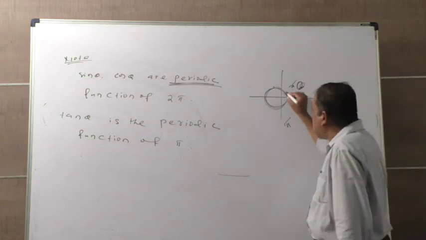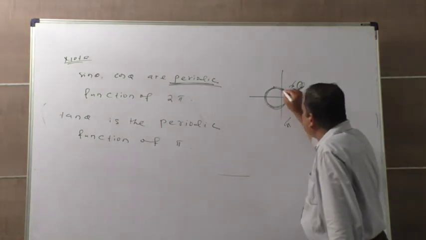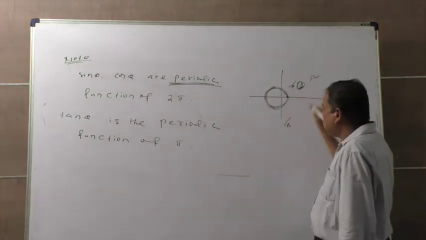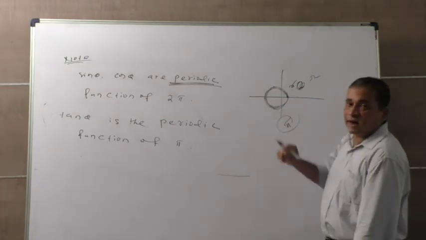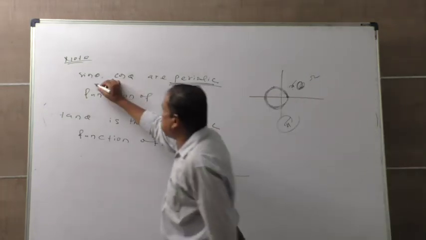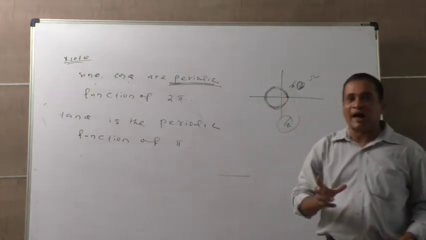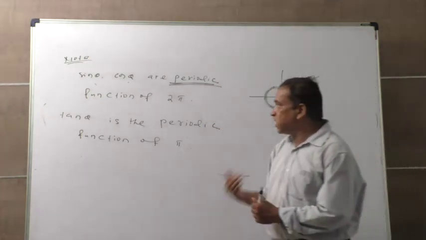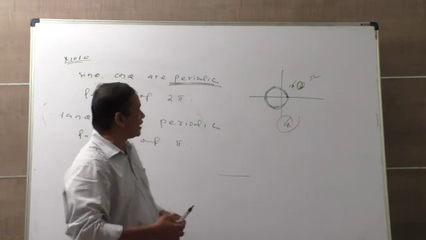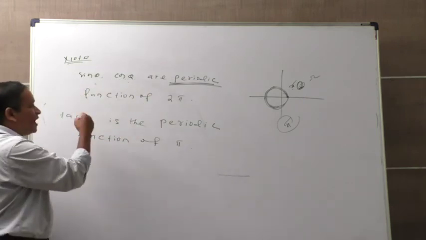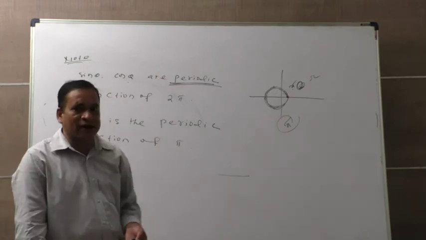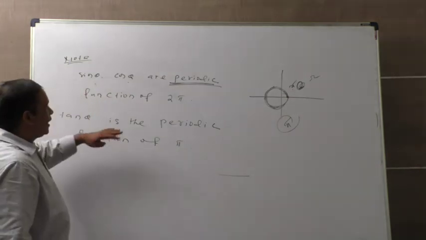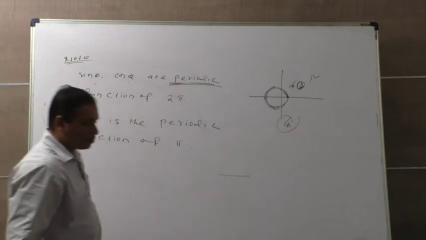Pi is called the half cycle, the semi-cycle, while a full cycle means a complete rotation of 2 pi. So sin theta and cos theta repeat after 2 pi, and tan repeats in the half cycle, that is in pi. That's why it is called a periodic function.